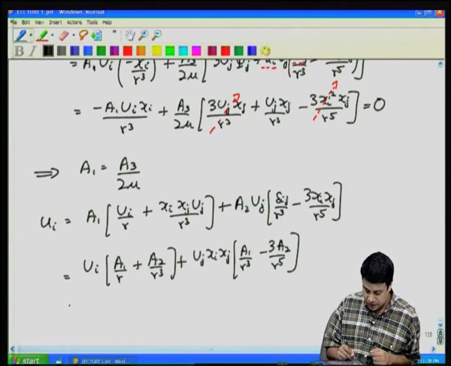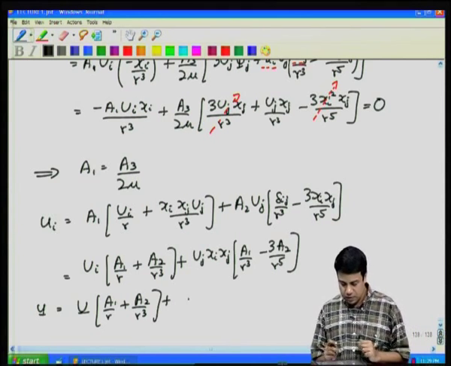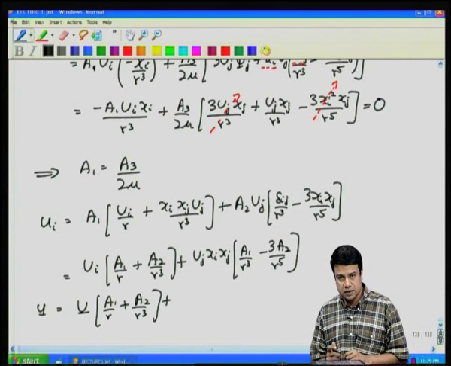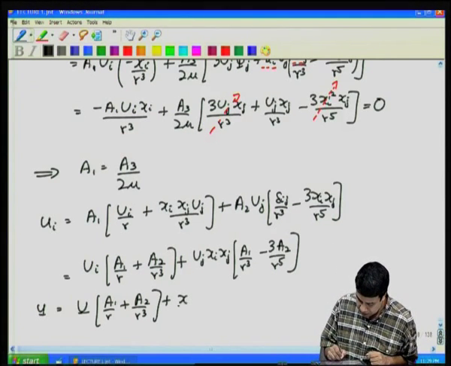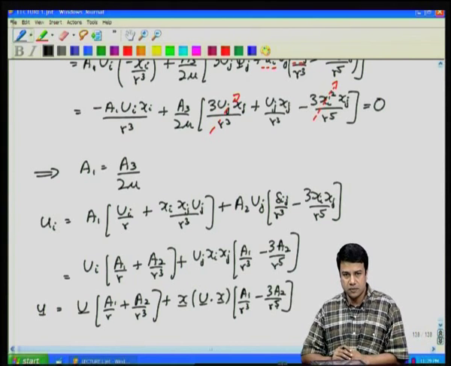Okay. If I write this in vector form, this becomes u vector into a1 by r plus a2 by r cubed plus x_i into u_j x_j is equal to x vector into u dot x. Okay, x vector into u dot x.